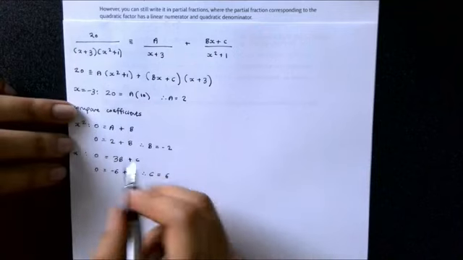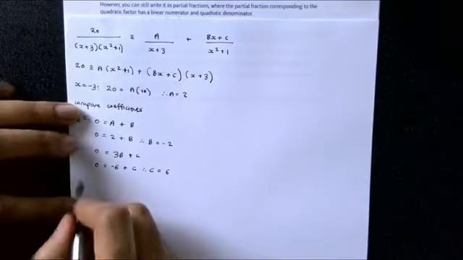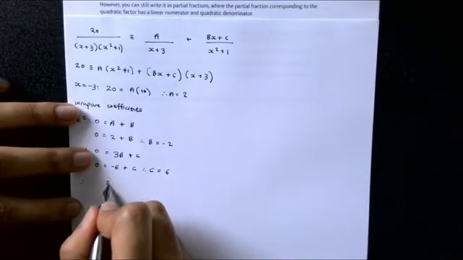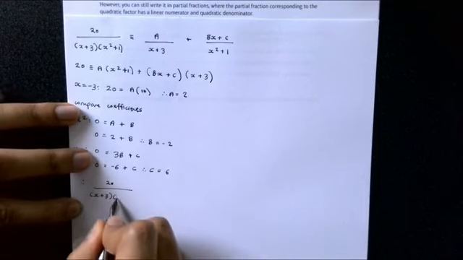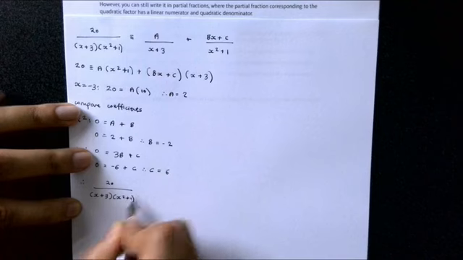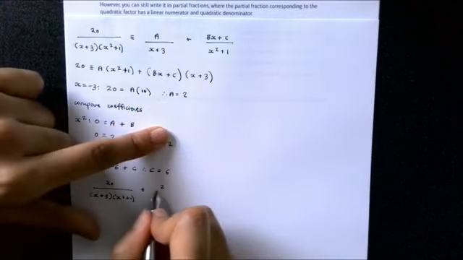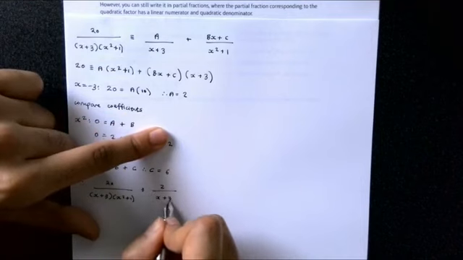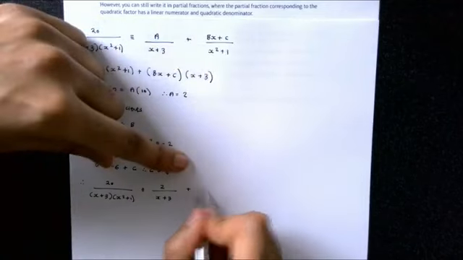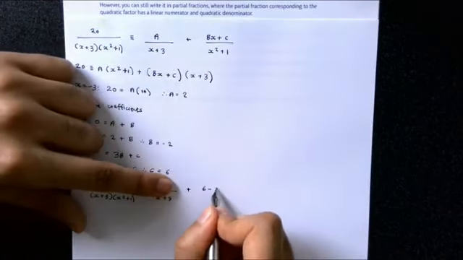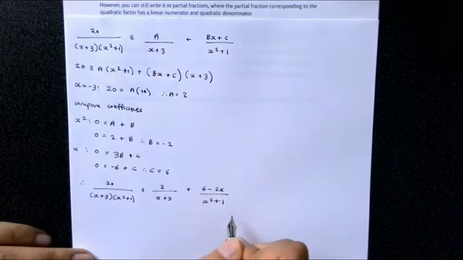And knowing the values of a, b and c, we can rewrite this entire result. So therefore what we can conclude is 20 over x plus 3 lots of x squared plus 1 is equivalent to a over x plus 3, so here we've got 2 over x plus 3, plus bx plus c, so here we've got 6 minus 2x over x squared plus 1.